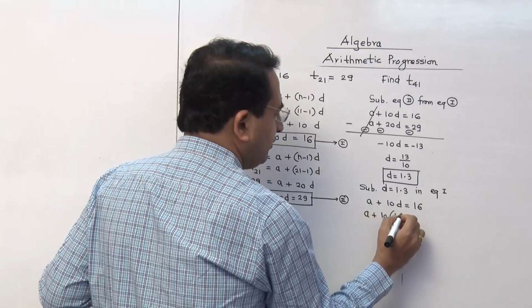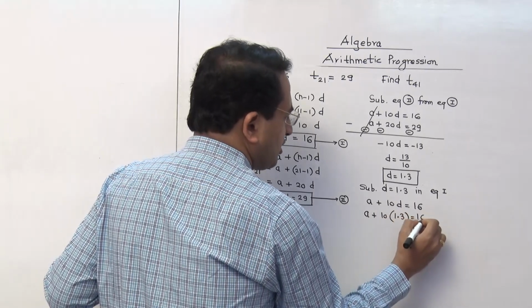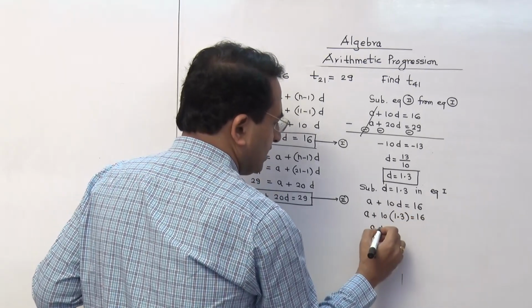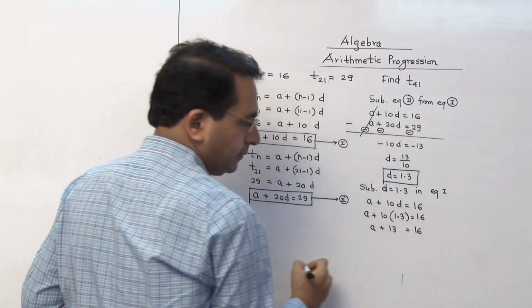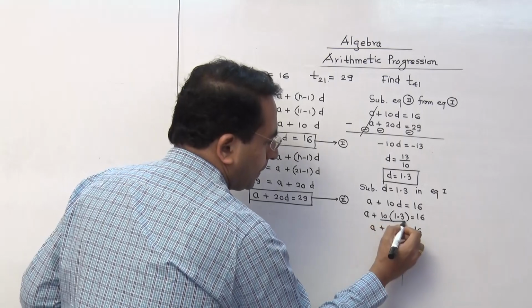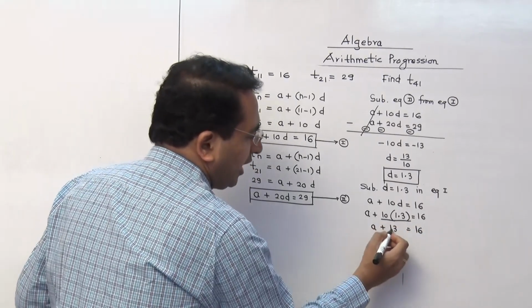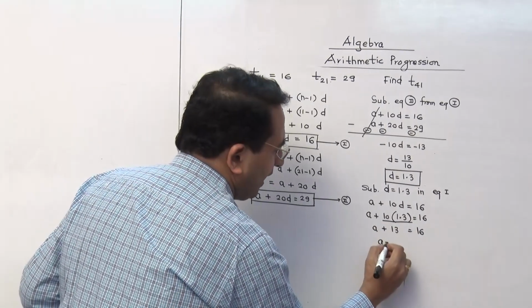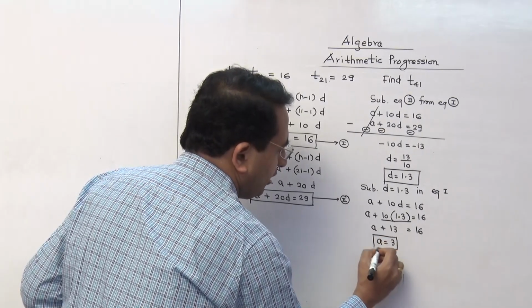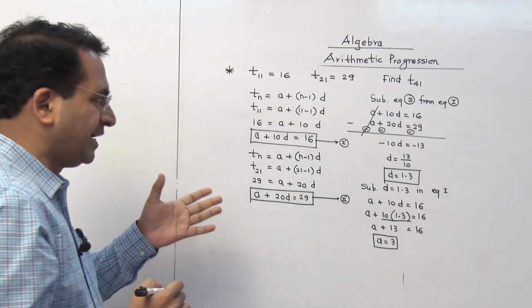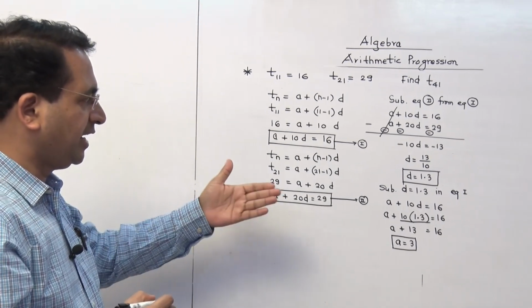It is 1.3, that is equal to 16. So A plus, it is 13, is equal to 16. Is that right? 10 multiplied by 1.3, I have written 13 here. So the value of A is going to be 16 minus 13, that is going to be 3. We get the answer like that, A as 3 and D as 1.3.